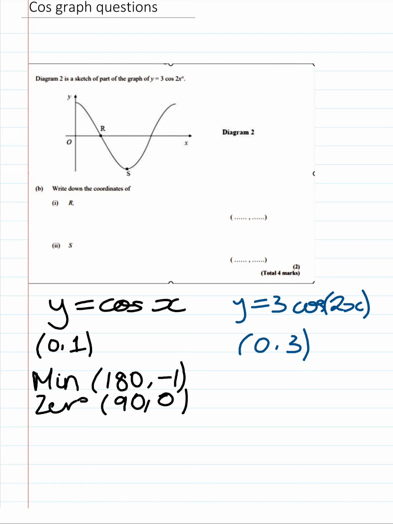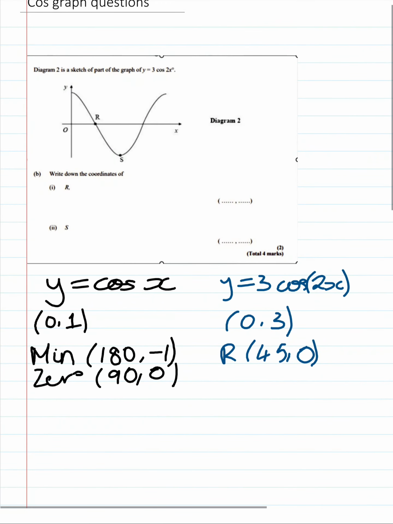Now we're looking at point R, which is at y equals 0, so we're considering the point 90, 0. But because our graph is not cos x, it's cos 2x, we must halve the x coordinate that gets us there. And so our point R is at 45, 0.